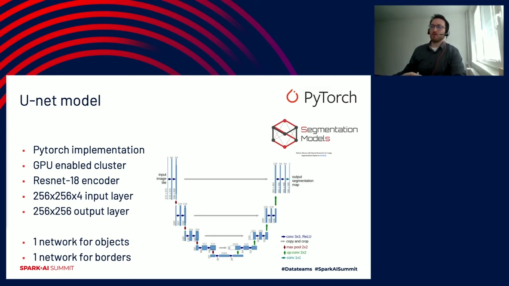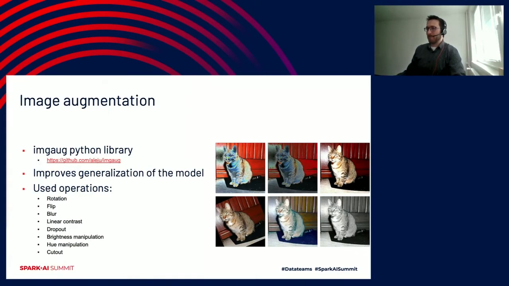And as I said, we utilized two networks, one for objects and one for borders. Image augmentation was taken as a pretty necessary step here. It is again a pretty common way to increase generalization and the robustness of the model itself.